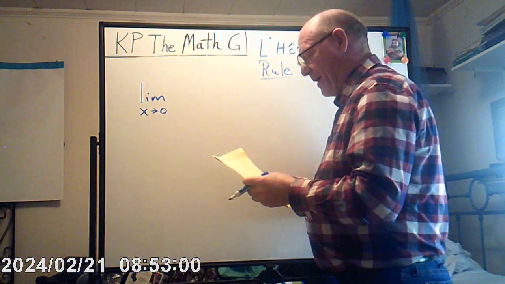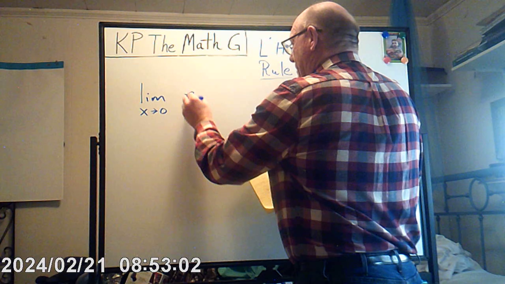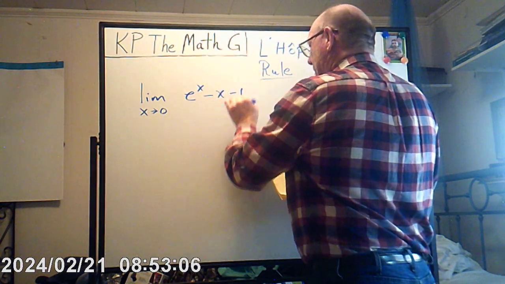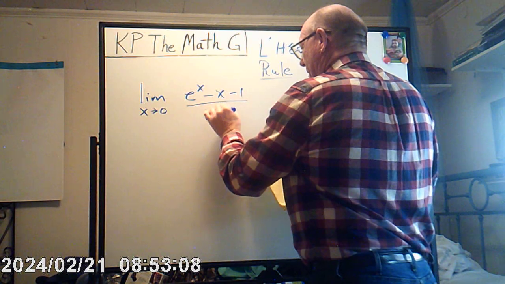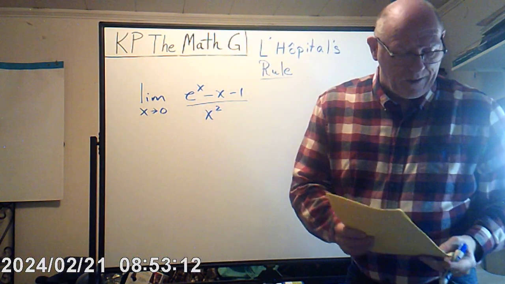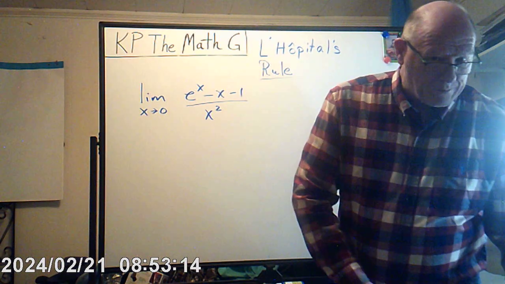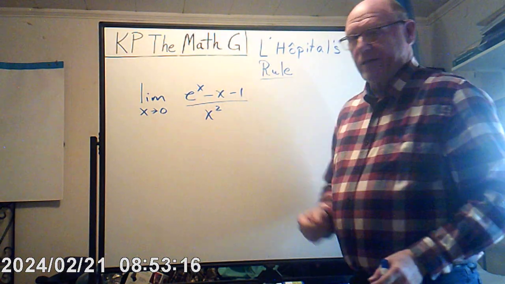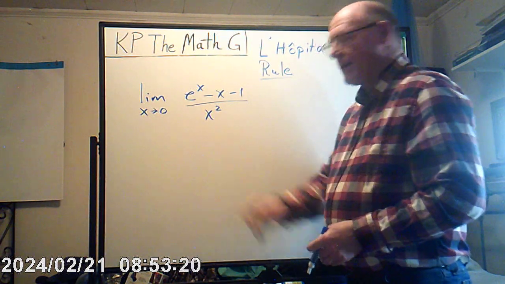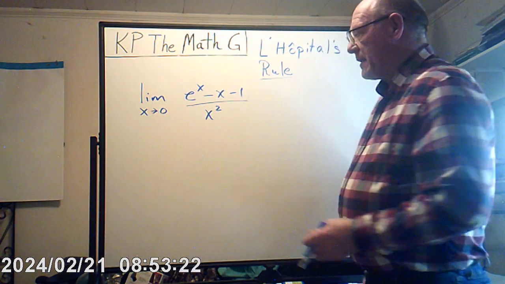If we plug that in, e to the x minus 1 over x squared. If you just had x, you only have to do this one time, but boy, if we had x cubed, we'd have to do this probably 3 times until we finally get down to a 1 here. You see what I'm talking about?